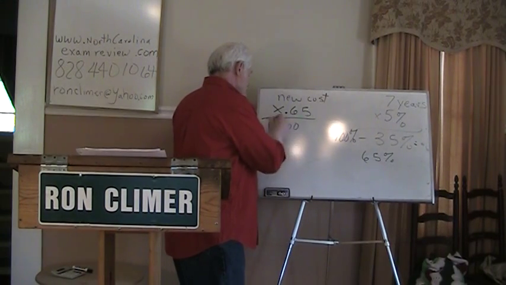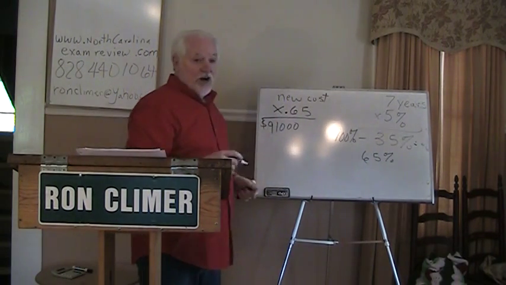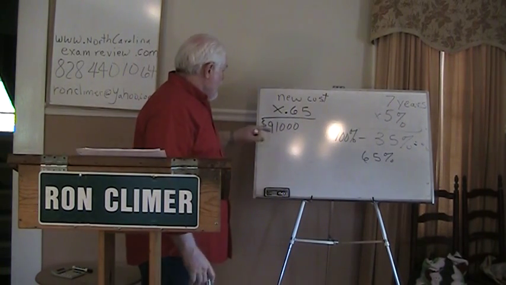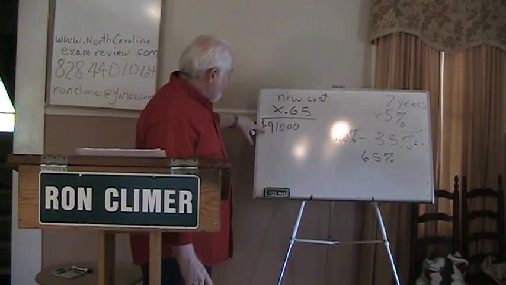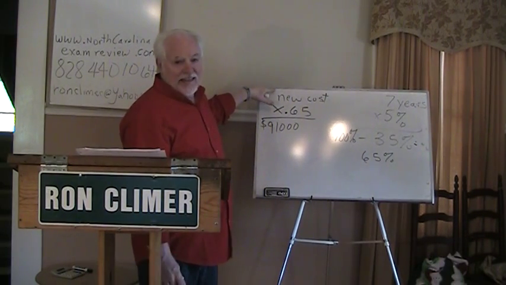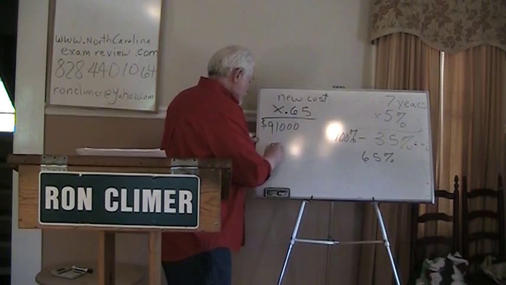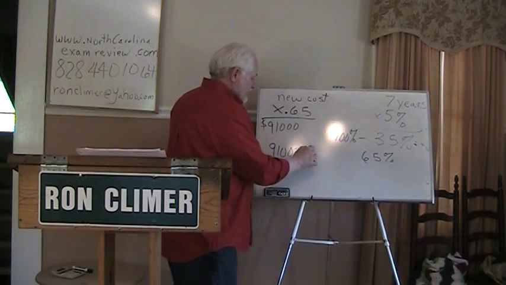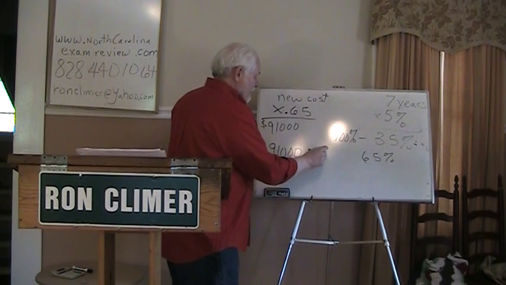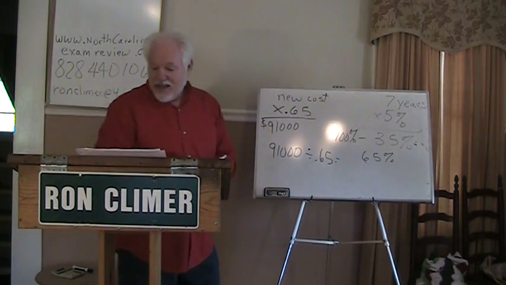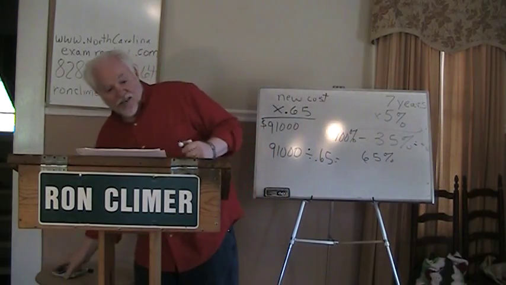If we only knew the new cost, but we don't. That's what the question is asking for. So if multiplying gets us here, then dividing would get us back the other way. We take the $91,000 and divide it by 0.65.